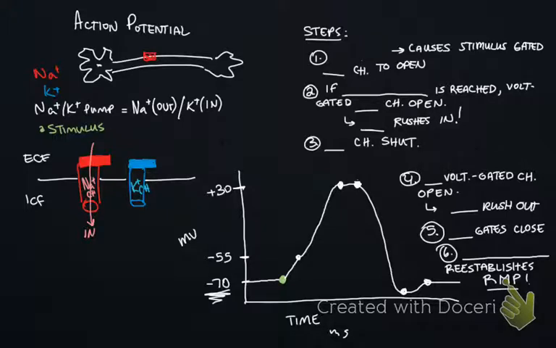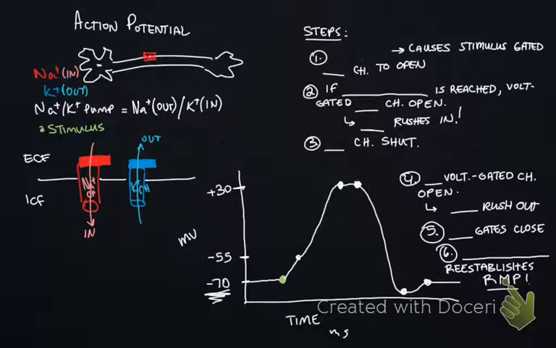And the potassium channel, instead of moving potassium in, it's going to move potassium out. So maybe make yourself a little note here so that you don't get confused. The channels move it in the opposite direction of the sodium-potassium pump.